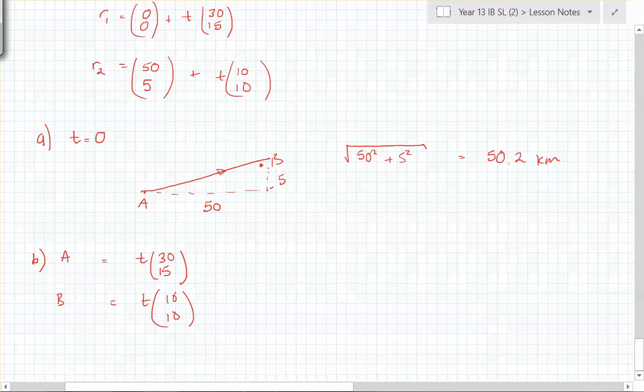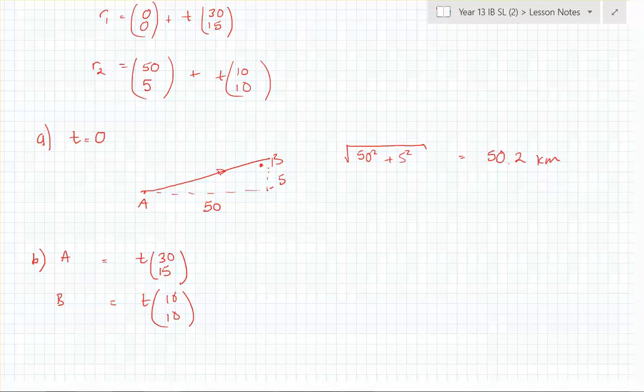Now, what do we put as t? They don't really do it like this in their explanation, but, well, kind of do, but let's make a statement. What do we put t as if I want to know the speed of a boat? 1. Because you state a speed as how far it's travelled in 1 unit of time.